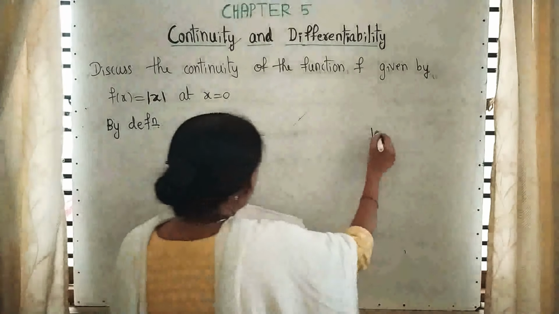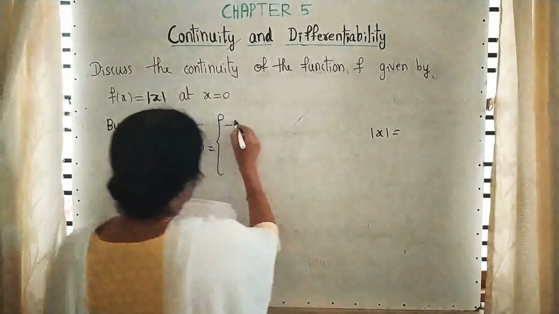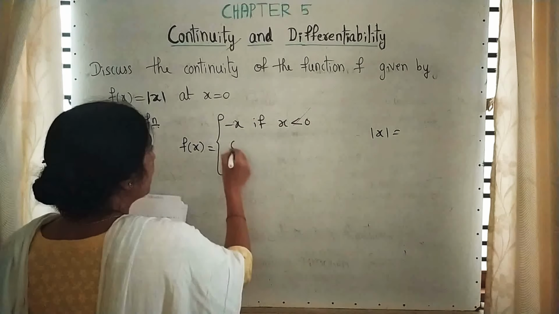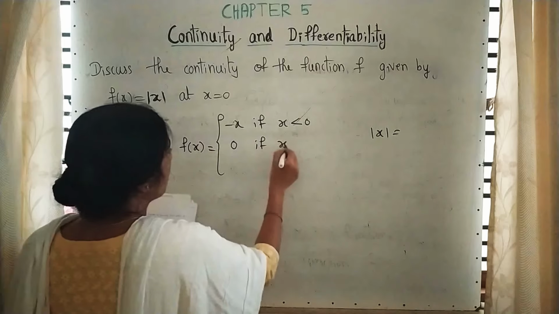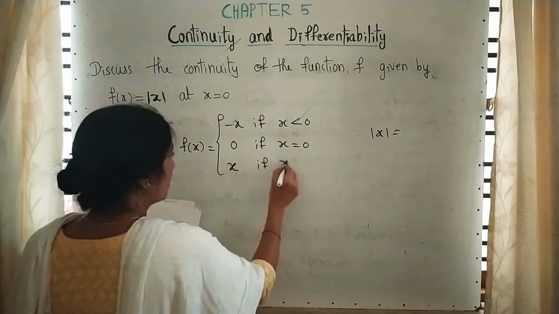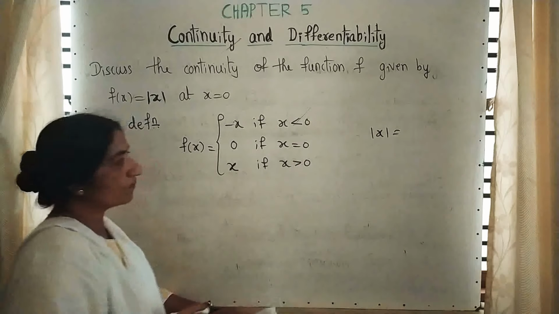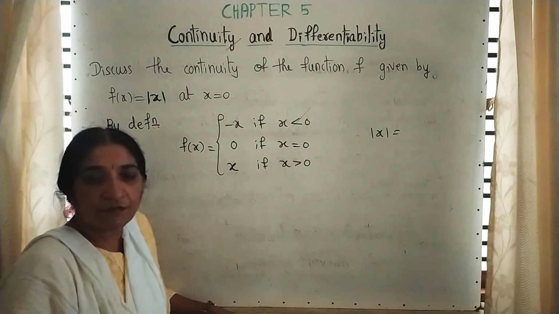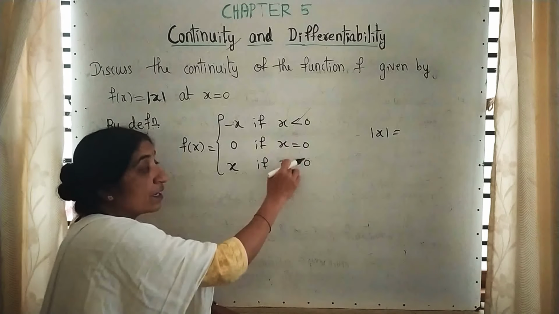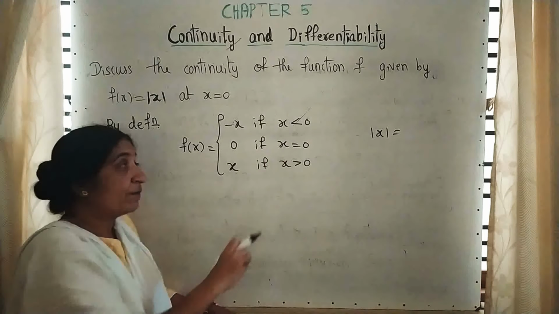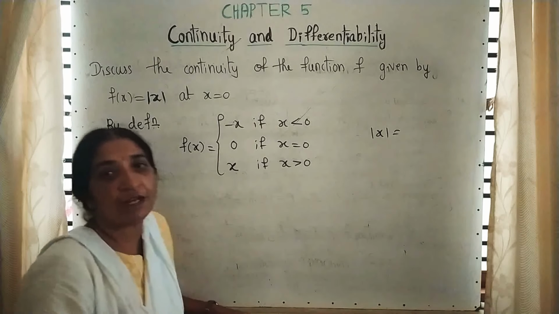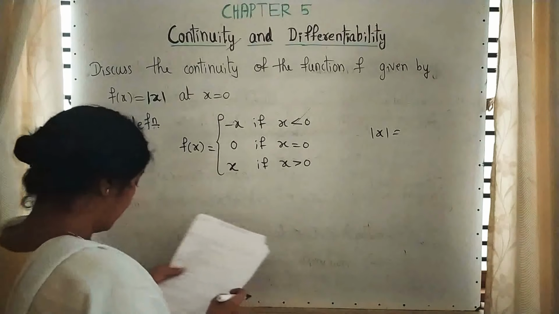Mod x is nothing but minus x if x is less than 0, it is 0 if x is equal to 0, and it is positive x if x is greater than 0. See, now the function is defined for the left side and right side, less than 0 and greater than 0. If the problem is defined like this, only at that time we have to find the left hand limit and right hand limit.